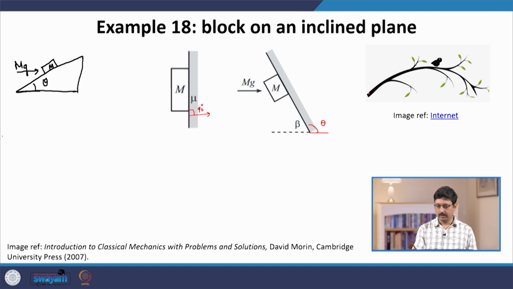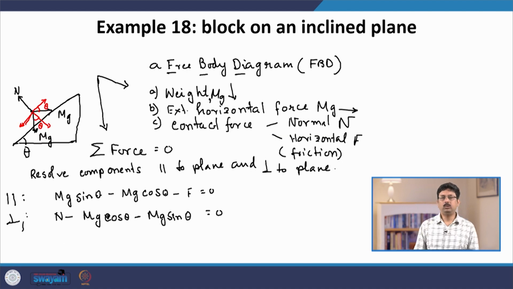The angle is continuously varying, and if you look at this part of the branch, the angle with the horizontal is actually greater than 90 degrees. So, anything like a bird sitting on a tree branch at different positions can be our block on an inclined plane problem. So, how do we analyze it?